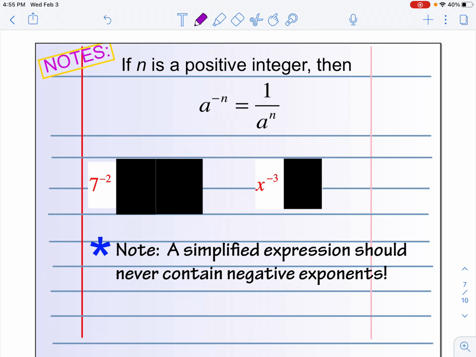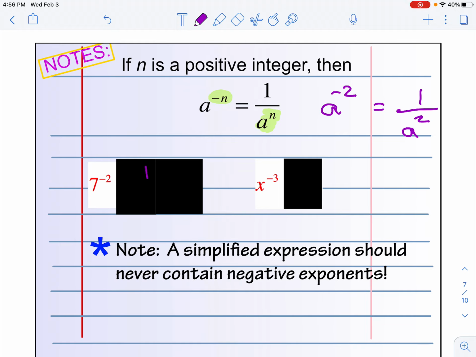If n is a positive integer, then again, any negative exponent becomes a positive exponent on the bottom of the fraction. So if you have a to the negative 2, then that becomes 1 over a to the positive 2.